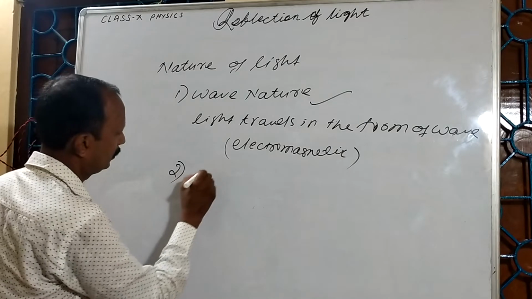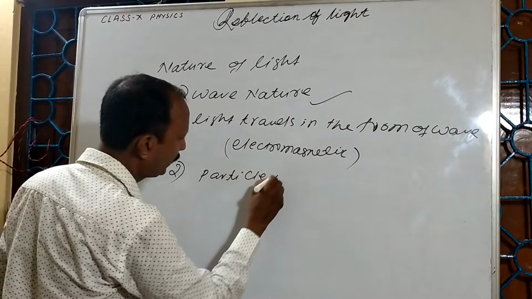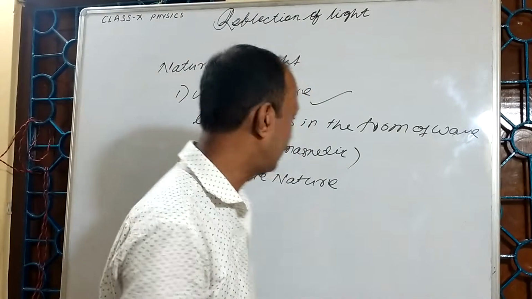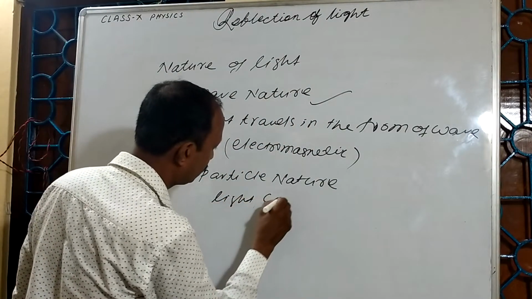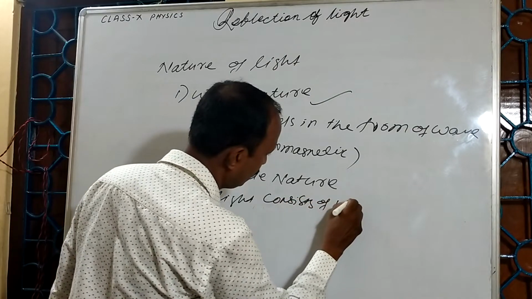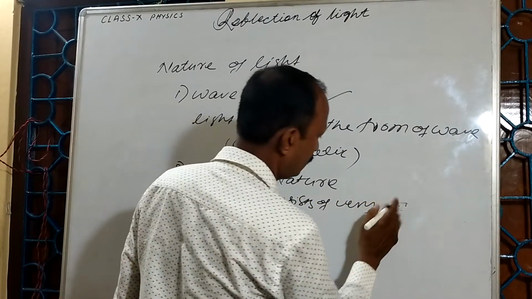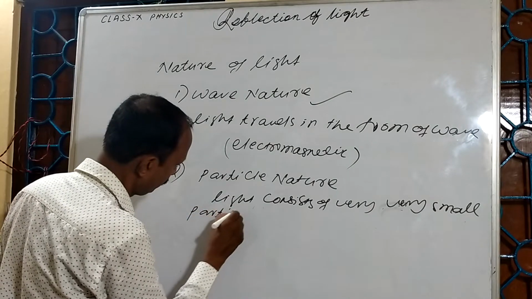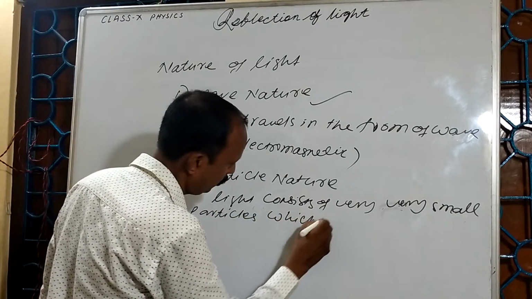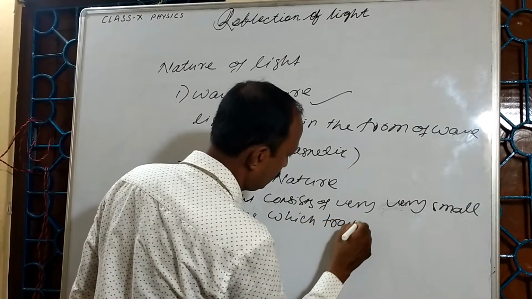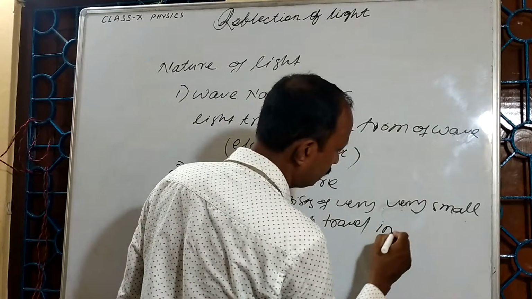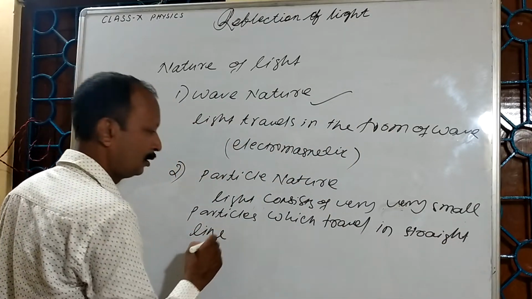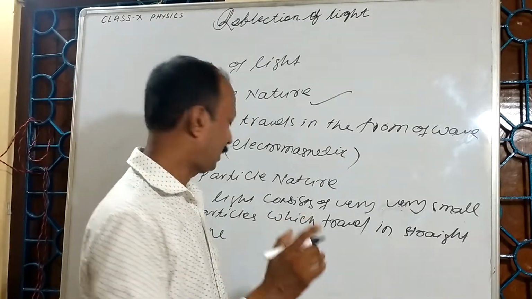The second one is the particle nature. Light consists of very small particles, which travel in a straight line.